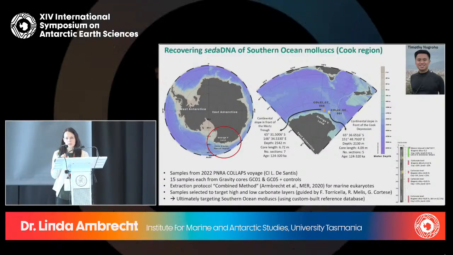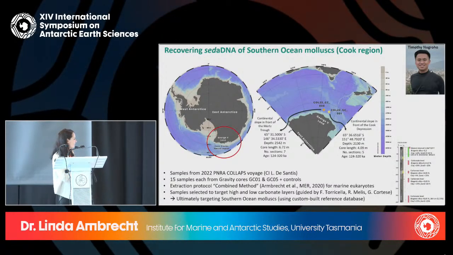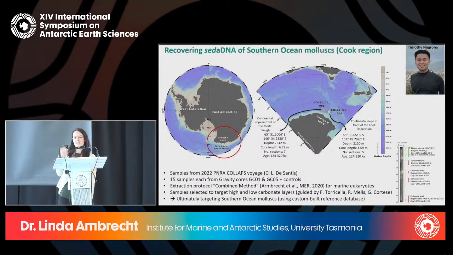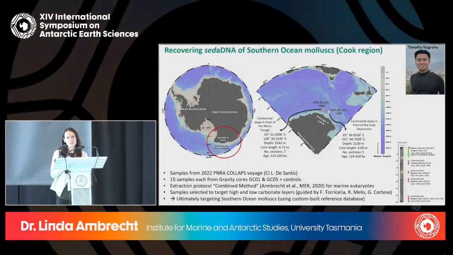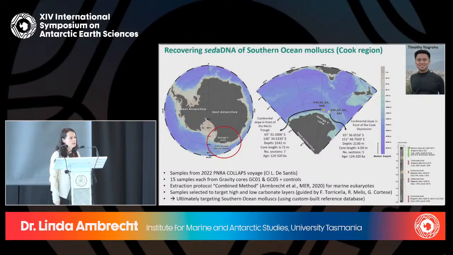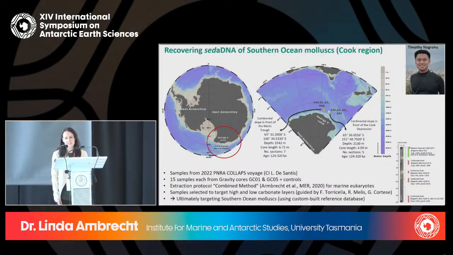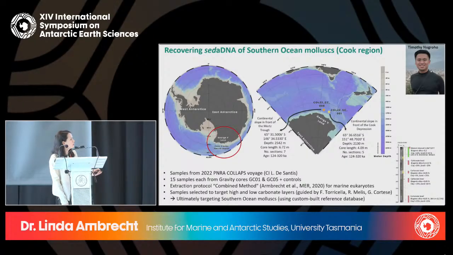Again, this is something that he just got some results back. They're sequences, that's great. We don't know what they are yet, but he's targeting these kinds of layers because he's really interested to look at mollusk signals in the future. And so we thought we'd do a first step in this direction and see what the preservation is like when we're comparing high versus low carbonate samples.